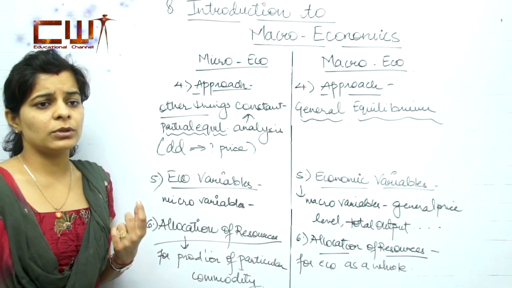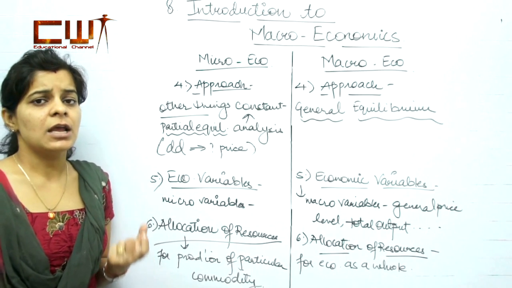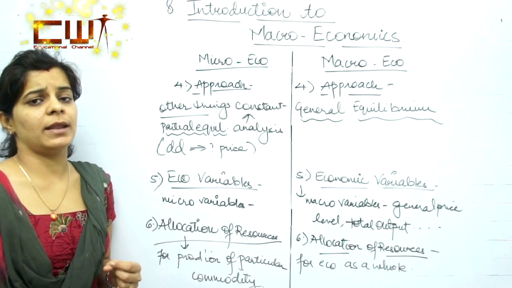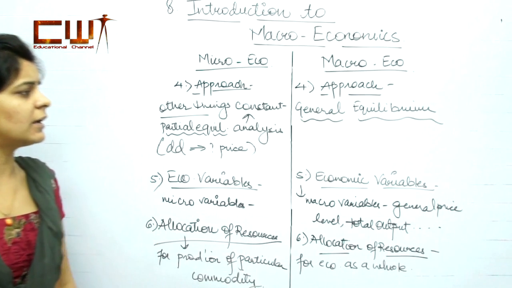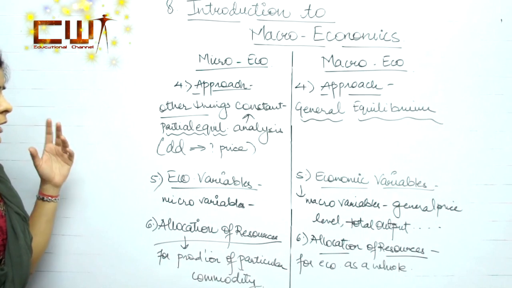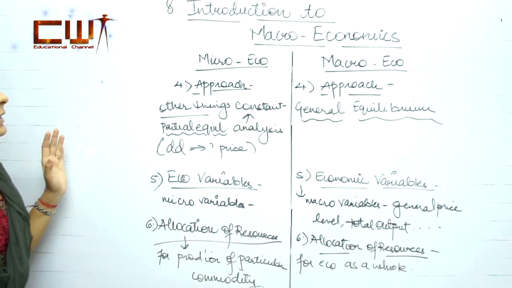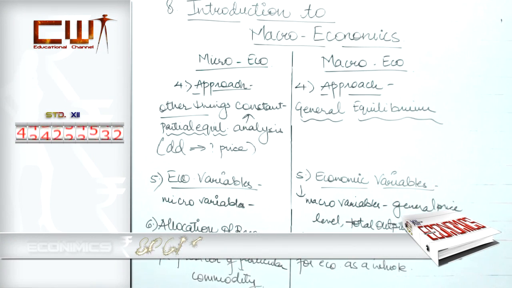So the definition and the features will help you know what exactly macroeconomics is, and we have studied the differences between micro and macroeconomics. It is very clear what approach microeconomics follows and what approach macroeconomics follows.